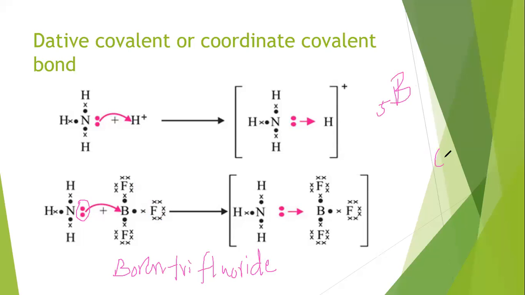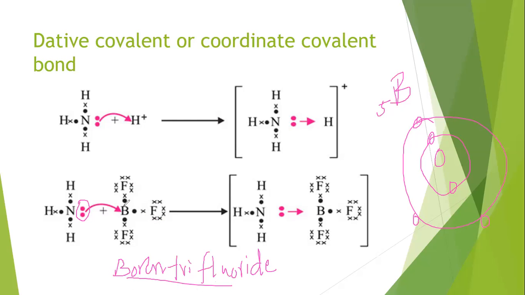The first shell has 2 electrons and the second shell has 3 electrons. That's why this boron atom makes 3 bonds with fluorine. Fluorine has 7 electrons, lacking 1 electron. In this way, boron makes 3 covalent bonds with 3 fluorine atoms, and the compound boron trifluoride is formed.